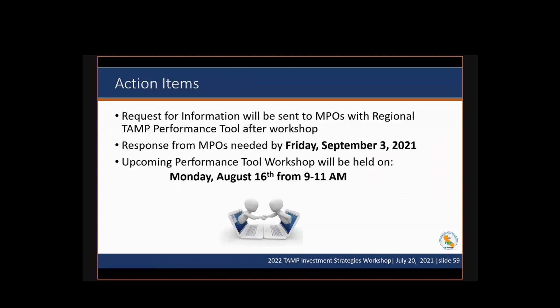So, action items: the MPOs and certain RTPAs that are acting as MPOs will get this performance tool. We are expecting a response back by September 3rd. We are going to be hosting a workshop on that spreadsheet only.